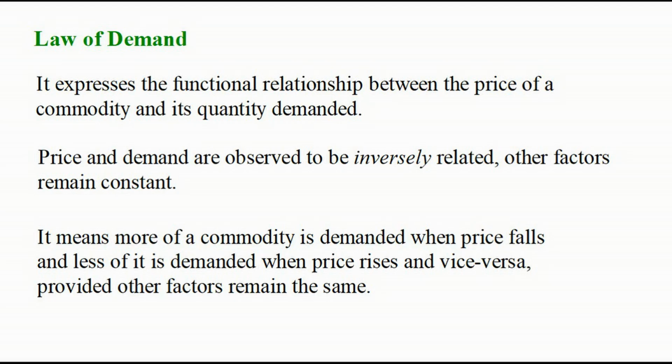All these factors will remain constant, and the relation between the price of the commodity itself and the quantity demanded is inverse. This is what the law of demand states. It means that more of a commodity is demanded when the price falls, and less of it is demanded when the price rises.